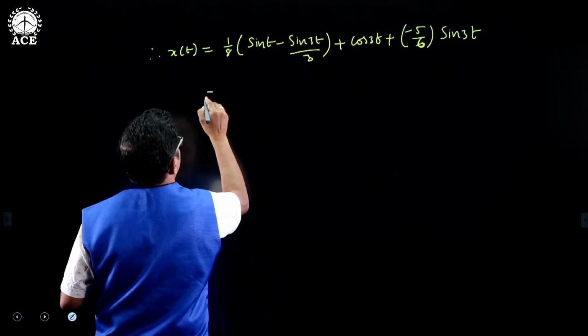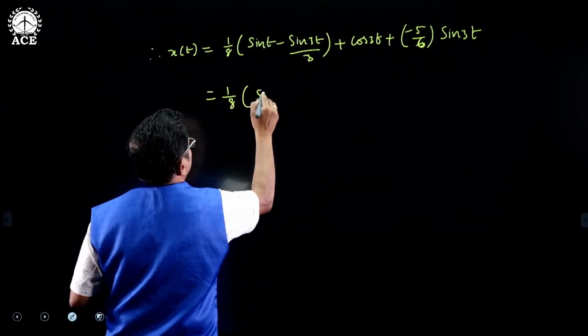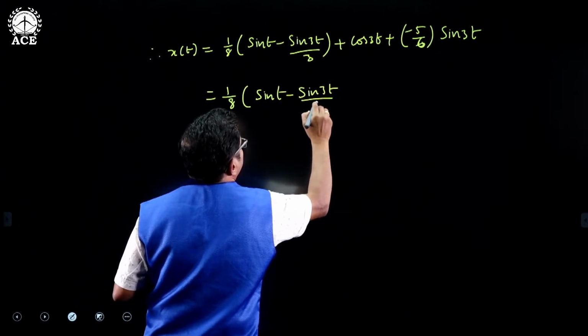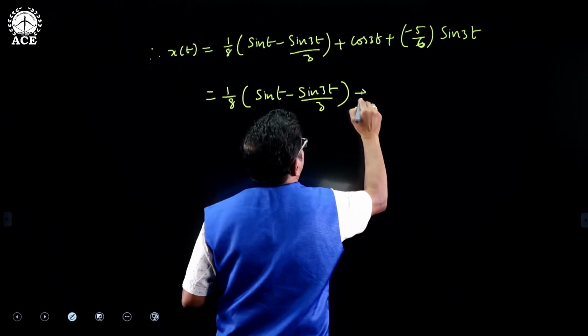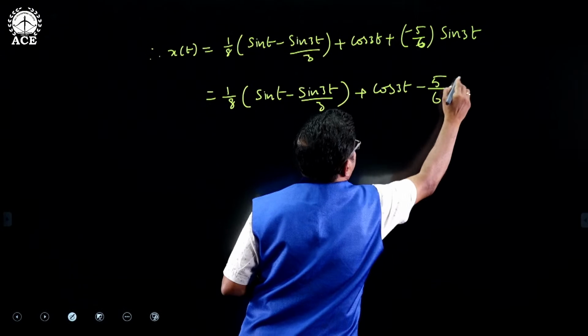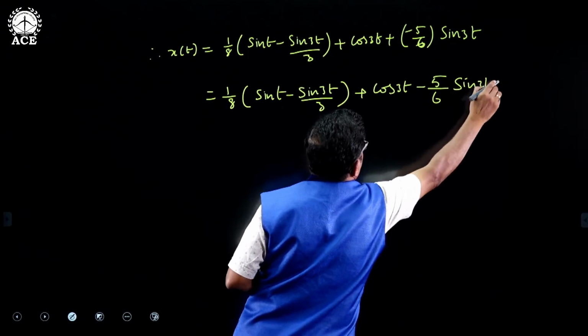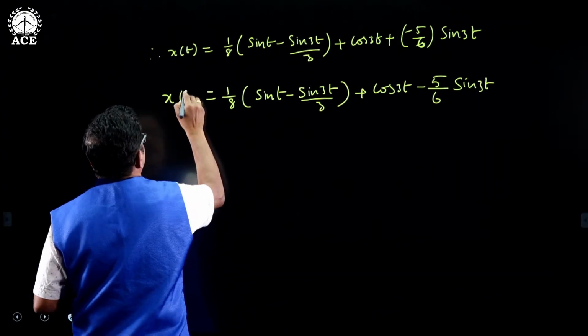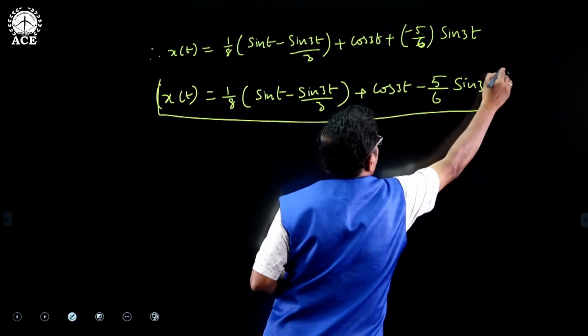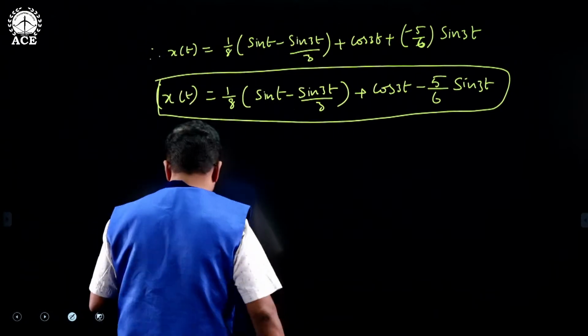So this equals 1 by 8 into sin t minus sin 3t by 3 plus cos 3t minus 5 by 6 sin 3t. This is the solution of the given differential equation with respect to the first one.